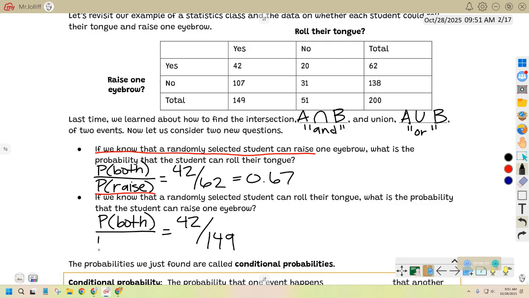Good. That's the total from the roll their tongue column. 0.28. Good. And you'll notice the bottom of that fraction meets the if we know that they can roll their tongue.